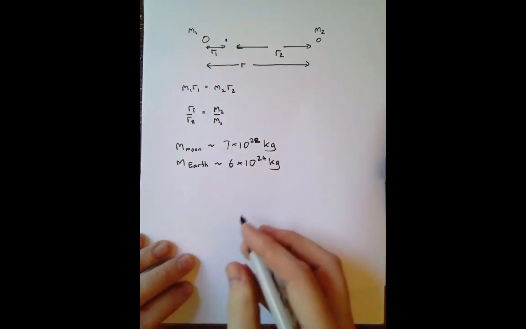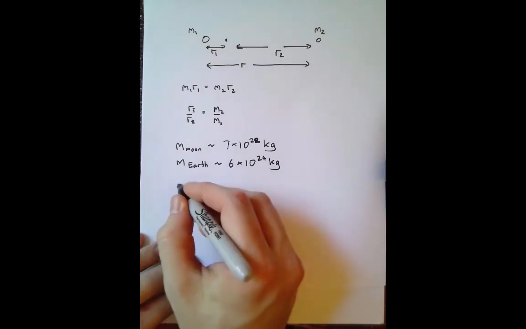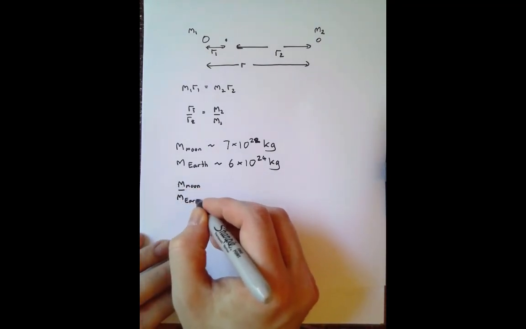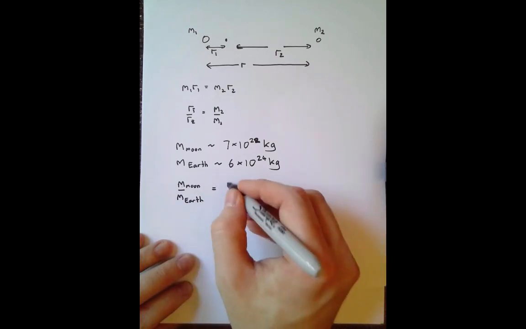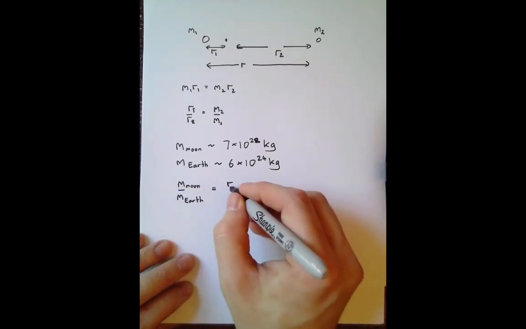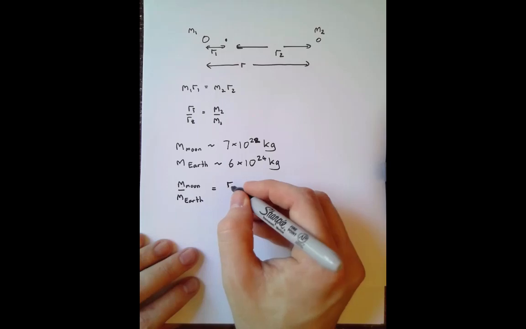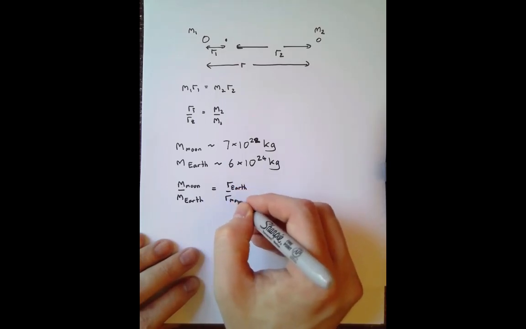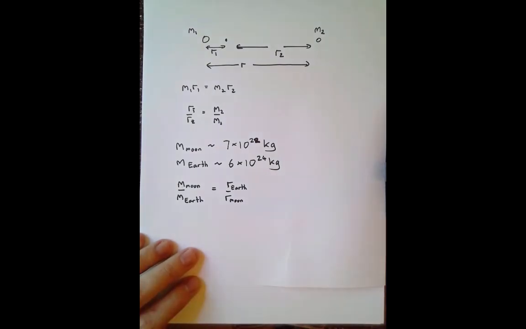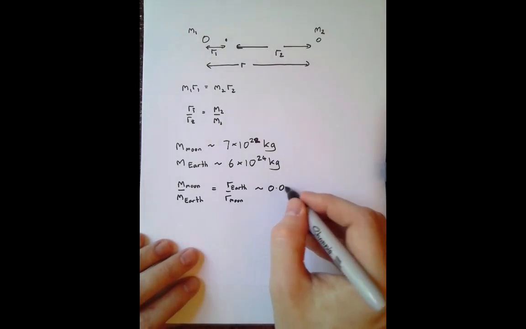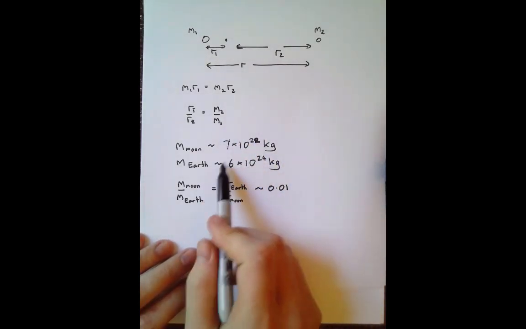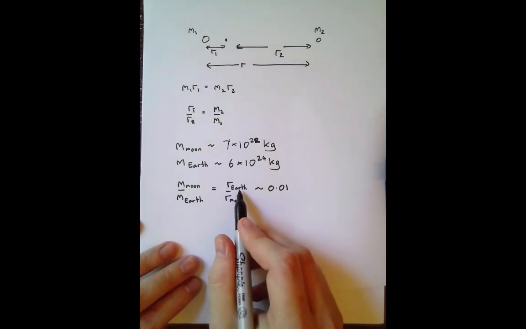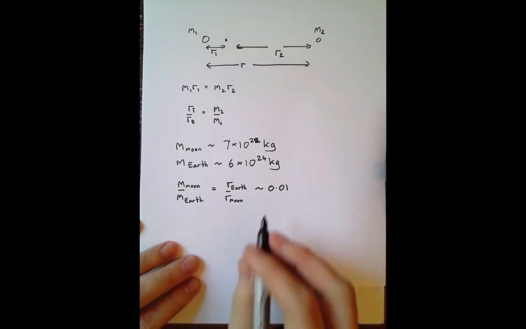So just working to within an order of magnitude, the ratio, which is equal to the distance of the Earth from the center of mass divided by the distance of the Moon from the center of mass, is about 0.01. This is about 100 times smaller than this, which means that the center of mass is 100 times closer to the Earth than it is to the Moon.